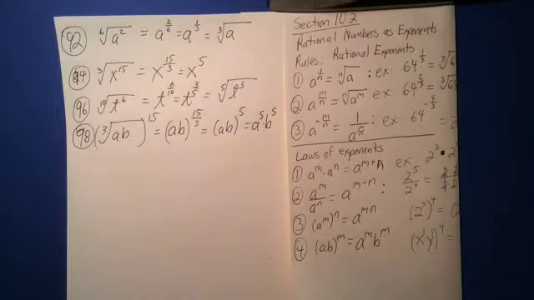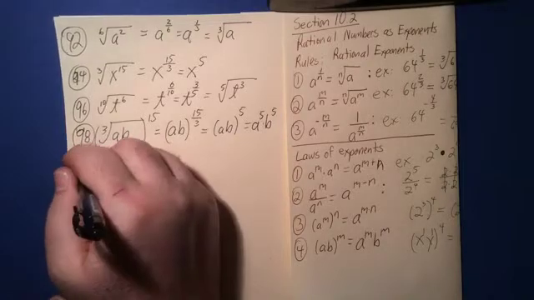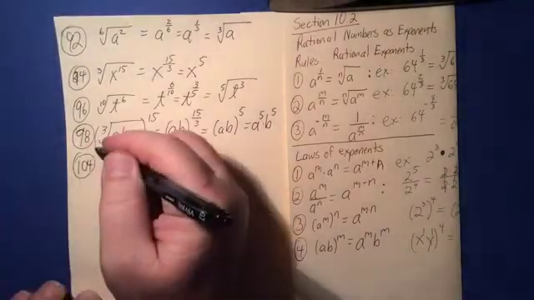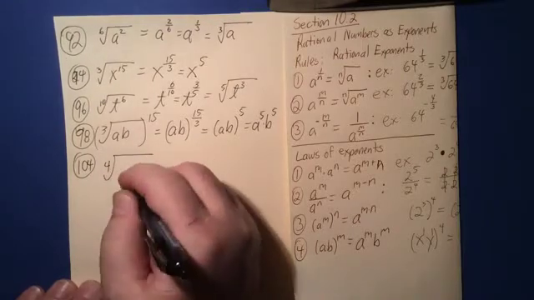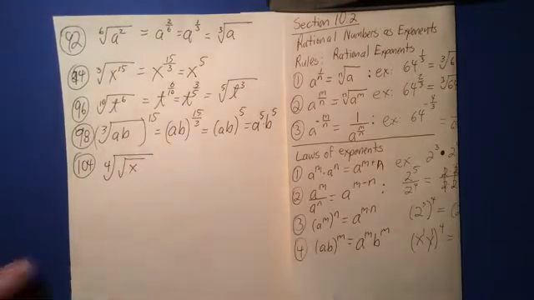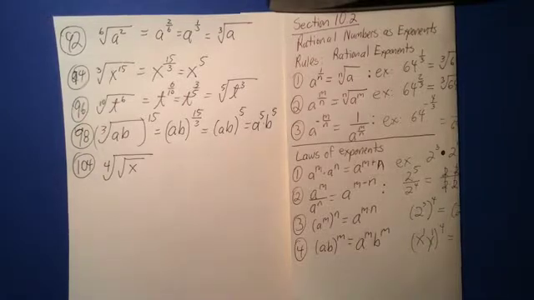So let's go ahead and see if we can take a look at a few maybe more robust problems. Take a look now at 104. I can take the 4th root of the square root of x. Now, please don't freak out when you see something like this. I know it's a square root of a square root, but let's just look at it.